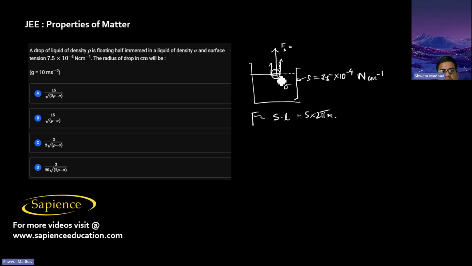The buoyancy force depends on the volume which is immersed, that is half of the volume. So it is 2 by 3 pi r cube into sigma into g. And this is S into 2 pi r, the force due to surface tension. And this is mg.